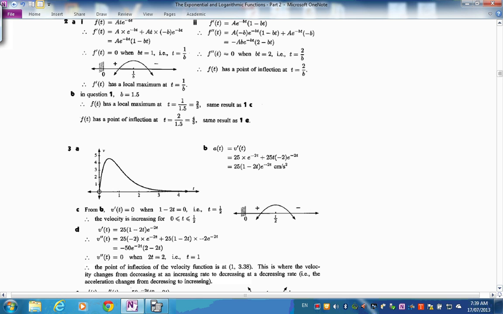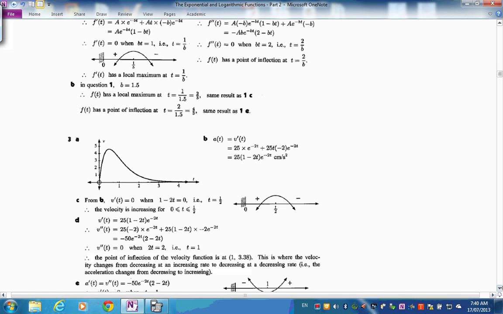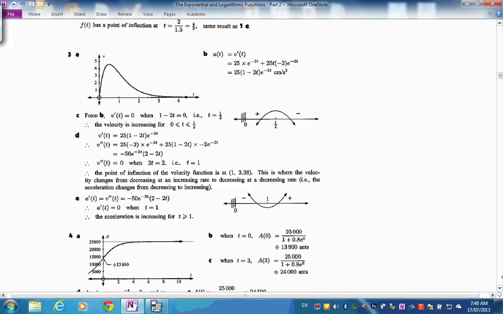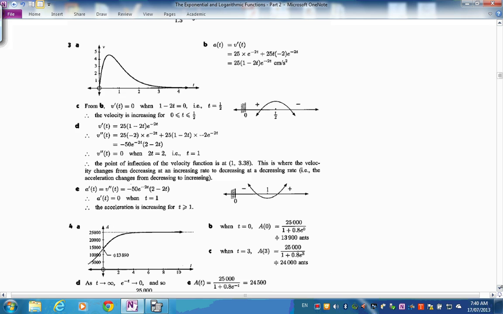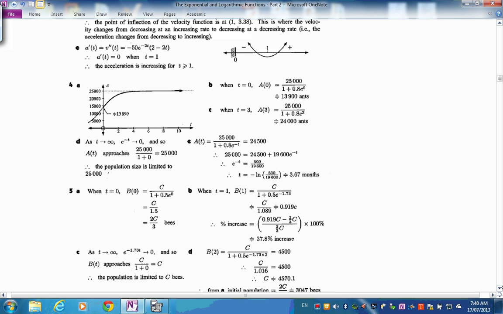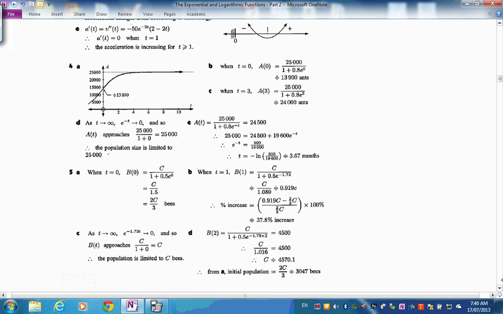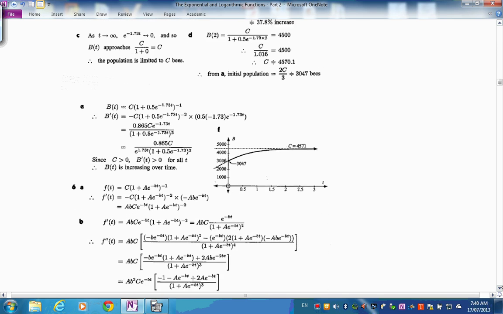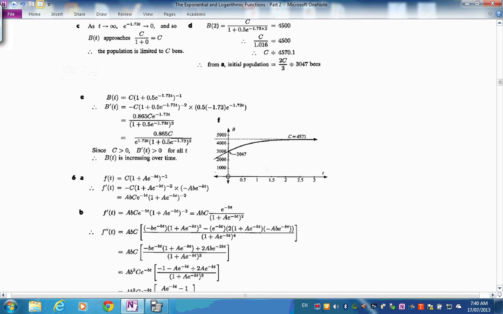Okay, we'll just do the rest of question 3 now. Into question 4 and 5. Fit those on there. The rest of question 5 there.